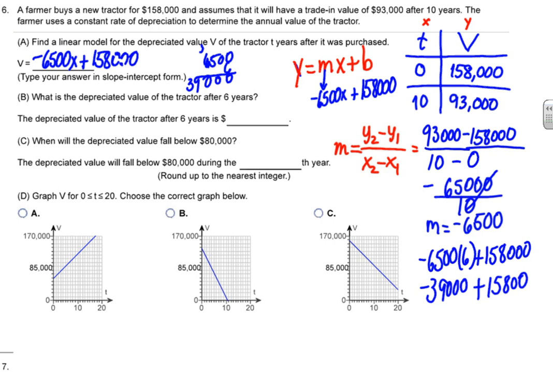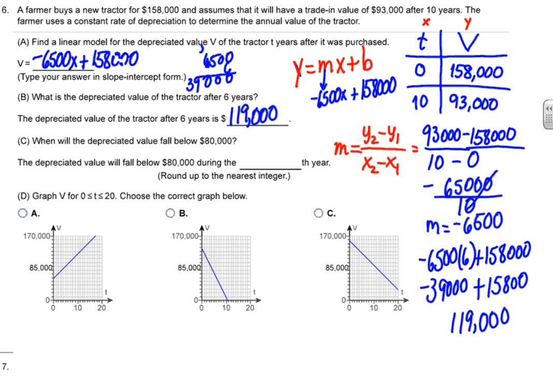And when I subtract those two, I should get 119,000. So the depreciation after 6 years would be $119,000.